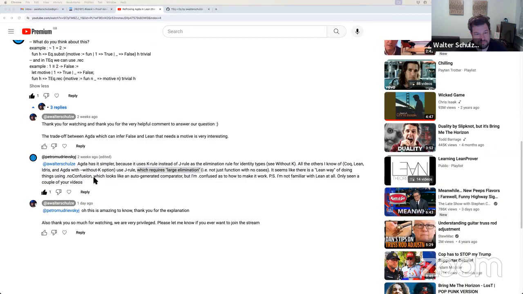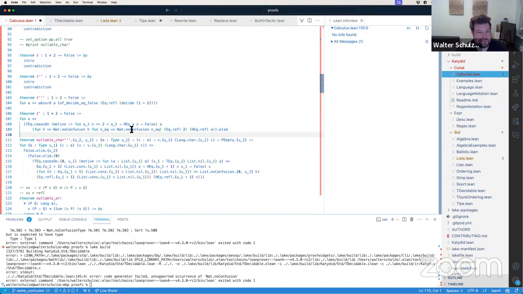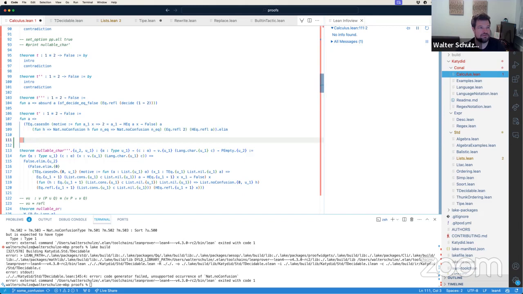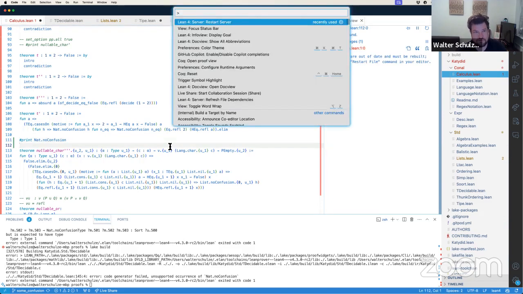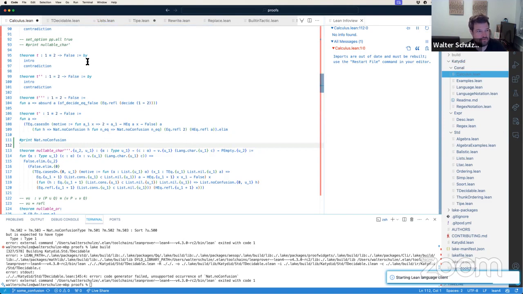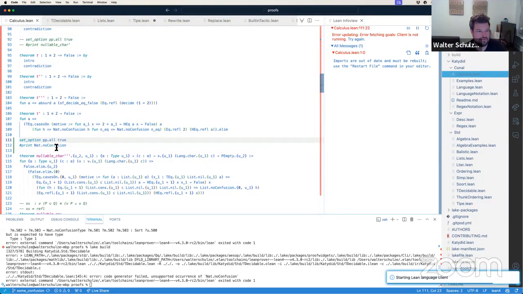Because no confusion is an auto-generated function in Lean, I couldn't figure out a way to write our own for type, because no confusion operates on prop. I think I can show that.